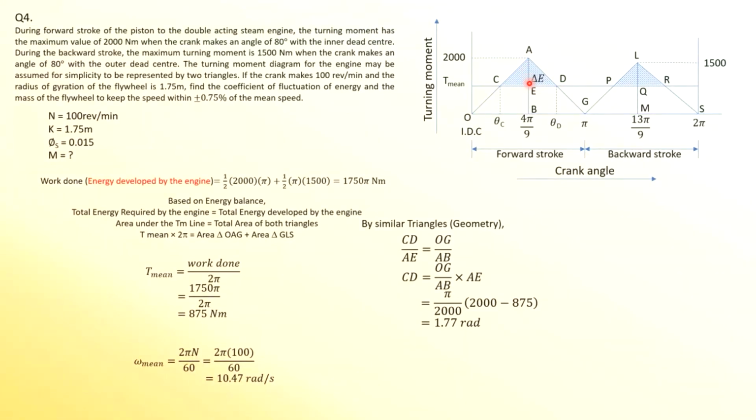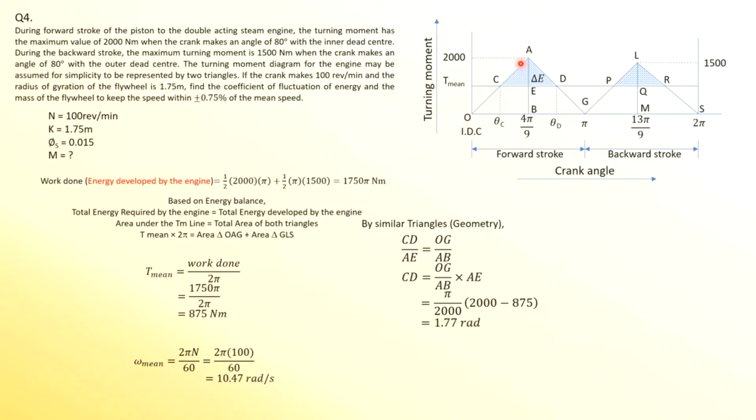The height can be found easily because we know that this is 2000, and we also know that T mean is 875. So 2000 minus 875 gives you this length. The base can be found by geometry as I have shown you, and the CD length is equivalent to 1.77 radians.